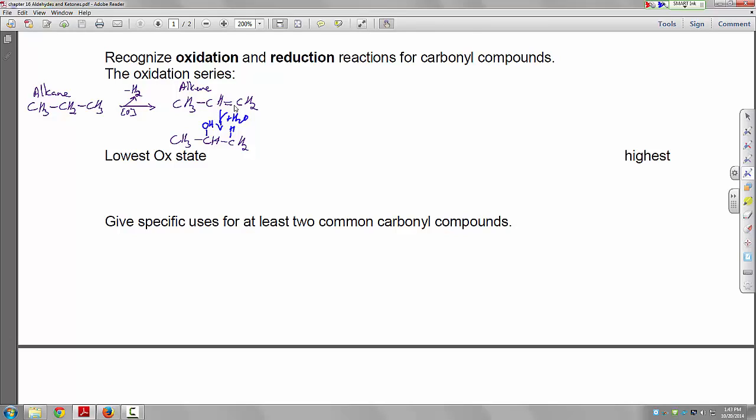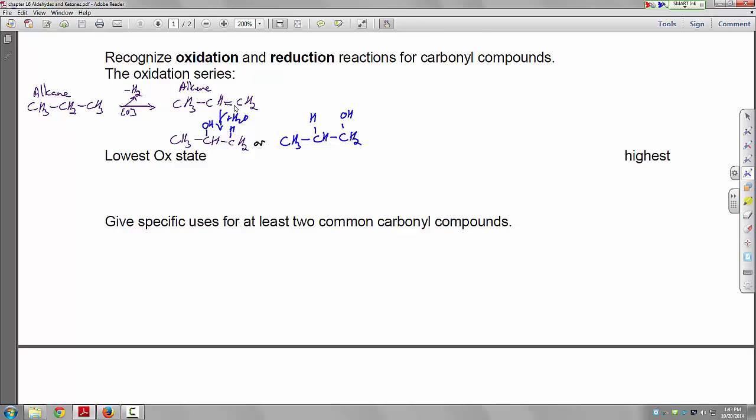Now this, of course, depends upon Markovnikov's rule, and I said we didn't really need to worry about that, so I'm going to redraw it in a slightly different way. I'm going to put the hydrogen that was added here and the oxygen here, and this is actually an anti-Markovnikov addition, if you care to know about such things.